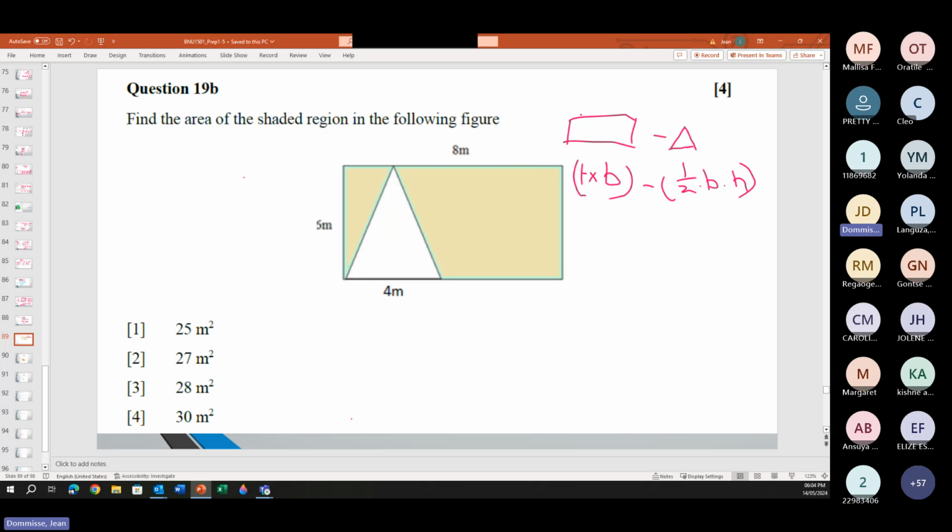So length times breadth is 8 times 5. Eight times 5 is 40. And let's see what we have for the triangle. A half, and the base is 4, and the height is exactly the same as the 5.